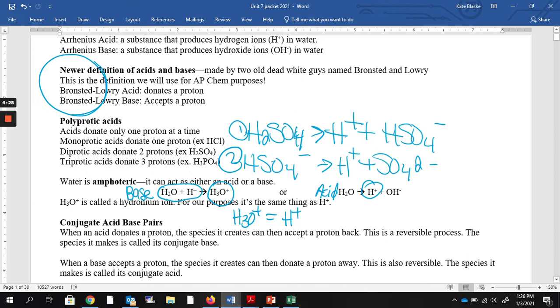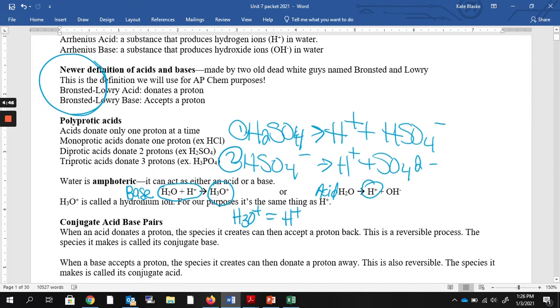The only difference between those two is really that H3O+ is like an H+ stuck onto a water. And since all of these reactions are going to be happening in aqueous solutions, we know we always have water molecules around for that hydrogen to attach onto.